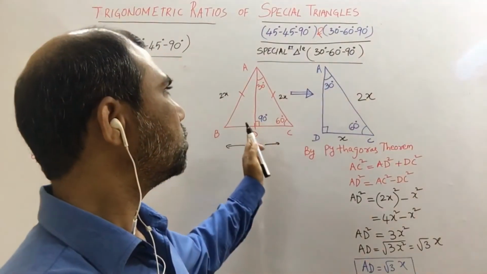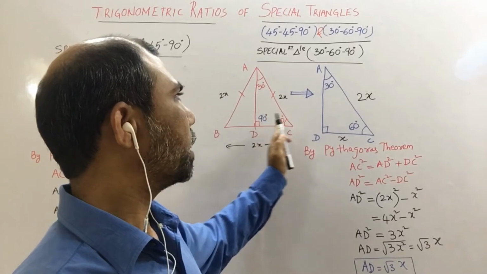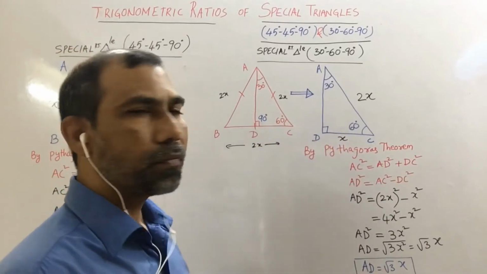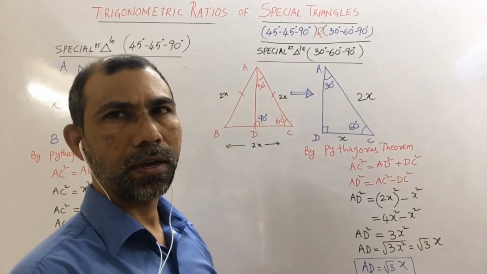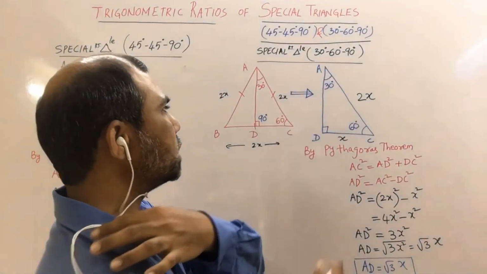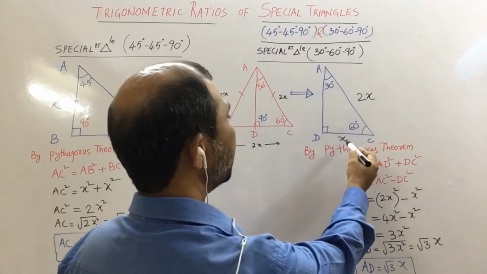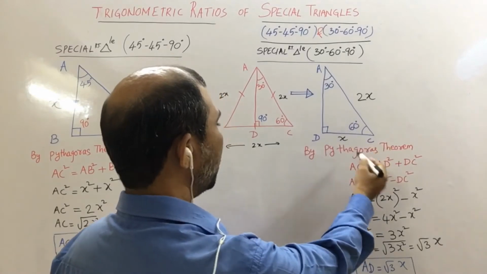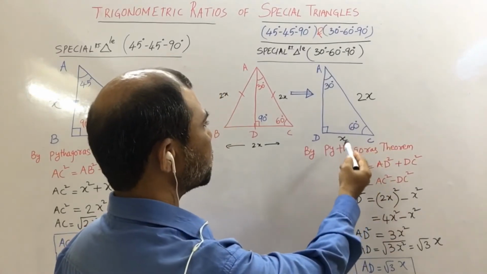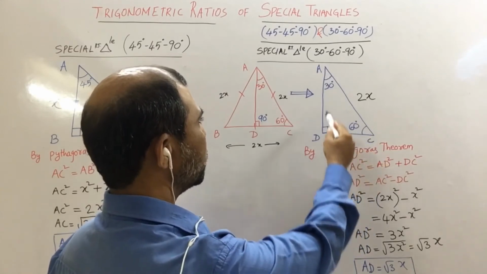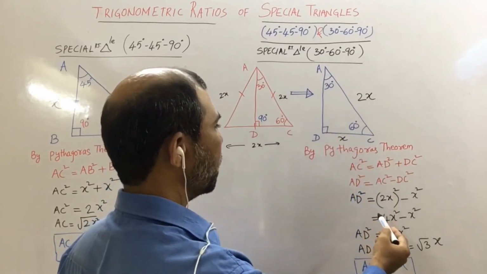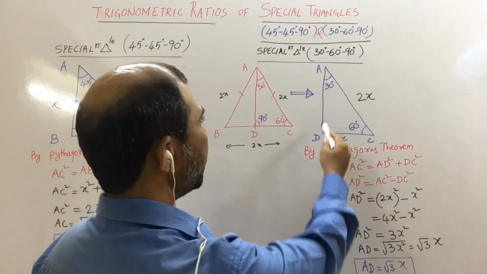Let us assume this triangle here. Now, we need to find the altitude of the triangle. As this side is 2x units and this is x units, we can apply the Pythagoras theorem for this right triangle. Here AC square is equal to AD square plus DC square, and we need to find AD square.